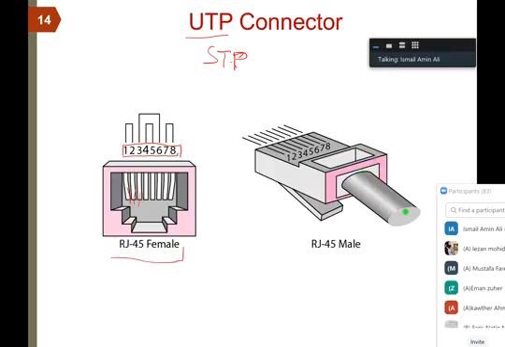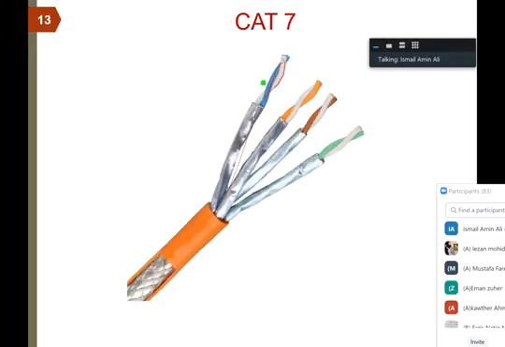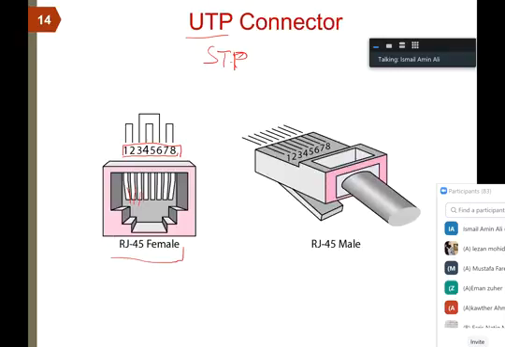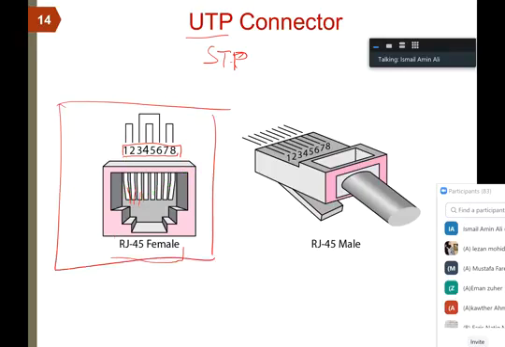So you connect the terminal of the cable. When you cut the cable at the end, you have to enter them in this connector so that you connect with a device. So this will be available on a switch, on a computer, on a router, whatever device.